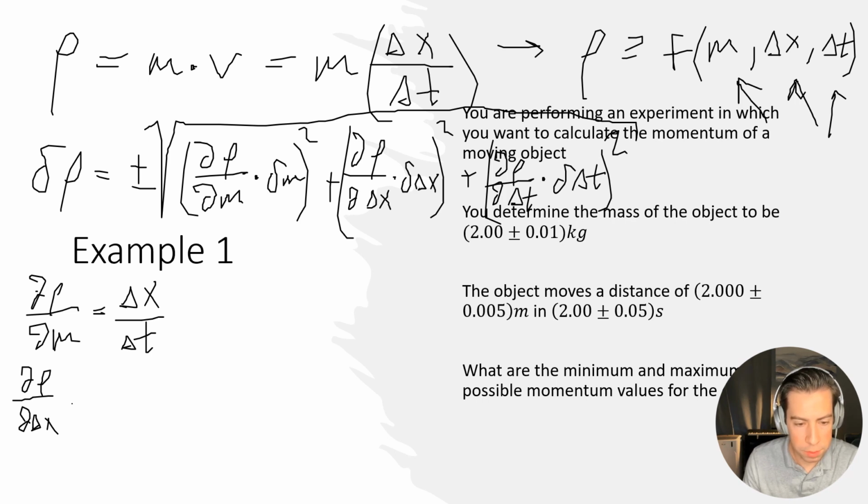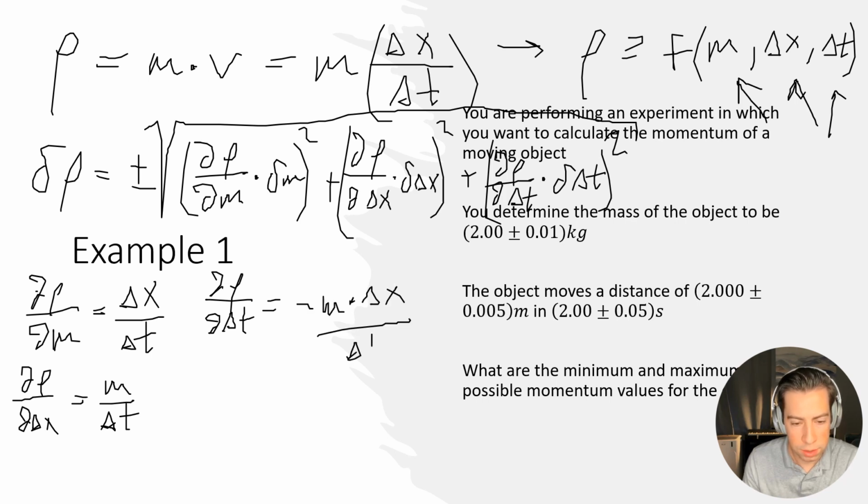This is just going to be equal to the mass divided by the change in time. And then, guys, finally, I will do my partial derivative with respect to the change in time. Again, we're going to have to use the power rule, so I'm going to get negative mass times delta x over delta t squared, okay? So these are all of our partial derivatives now.